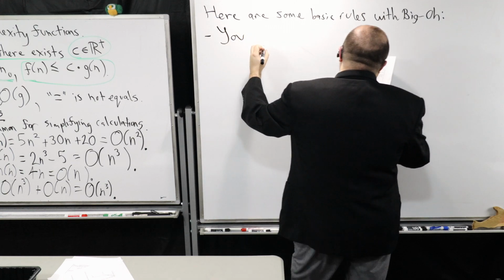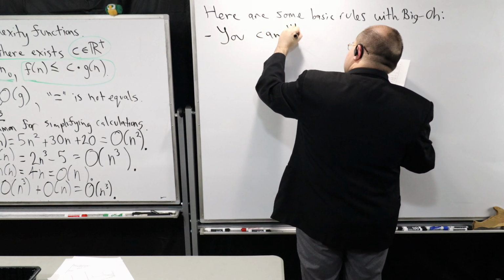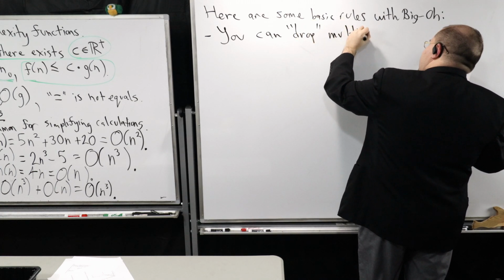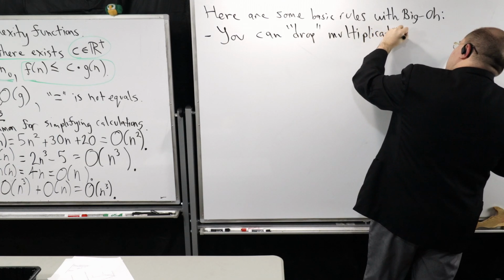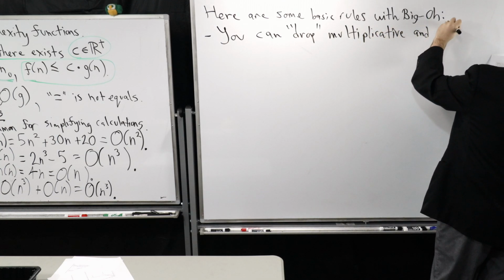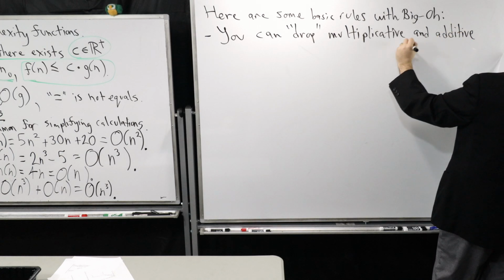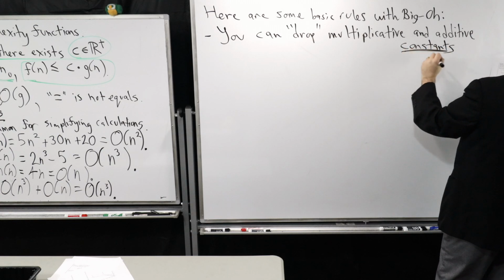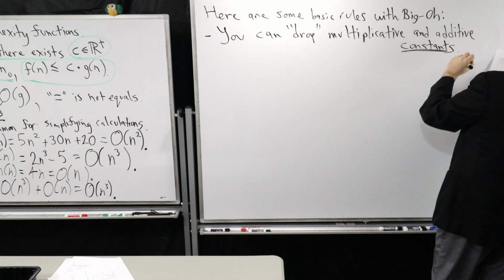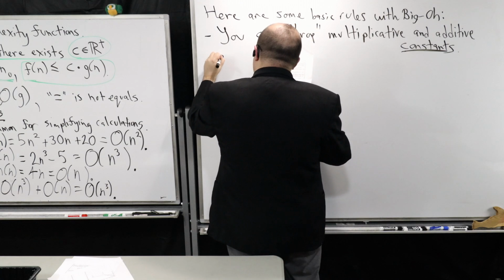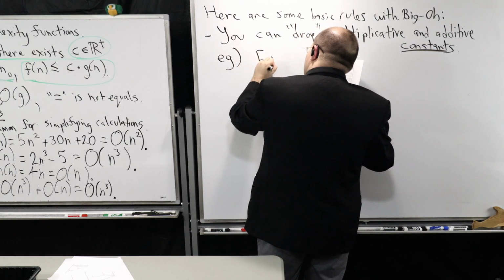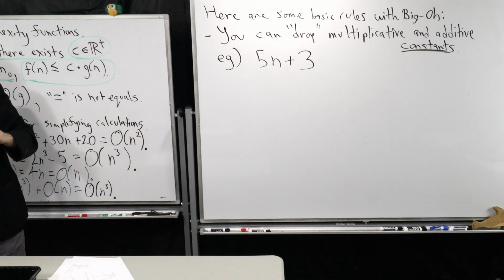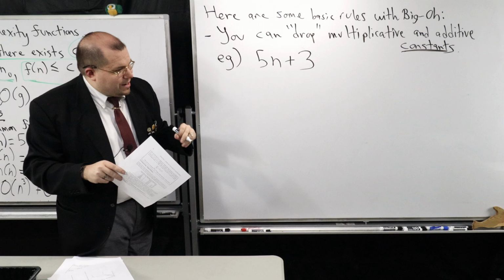So the first one I want to mention is that you can drop multiplicative and additive constants. And the key thing is that they have to be constants. Just as an example of this, if I give you 5n plus 3, notice that there's a 5 sitting in front of the n, and I have a 3 just sitting right there.